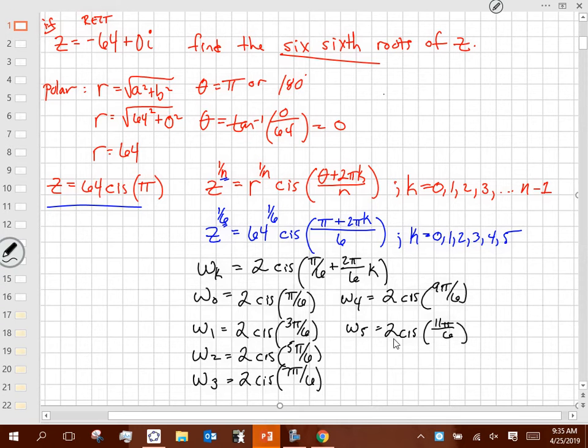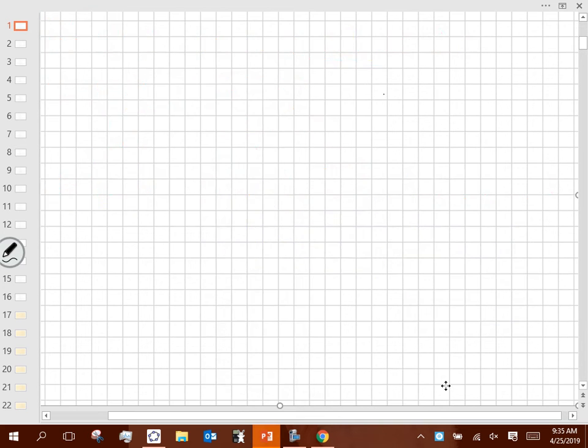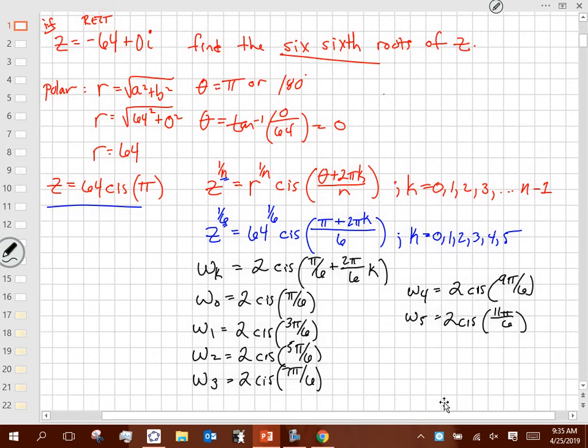Okay? Now, that's all great and true. The next thing we do is actually convert those back to rectangular coordinates. Because if they gave me negative 64 in rectangular form, a plus bi form, then I want the 6 roots in a plus bi form, right?